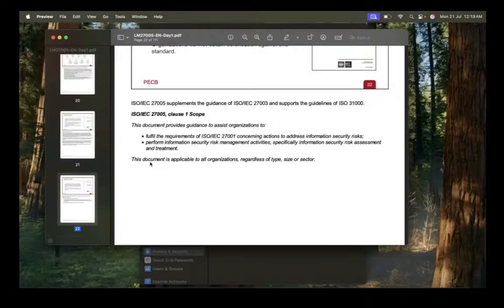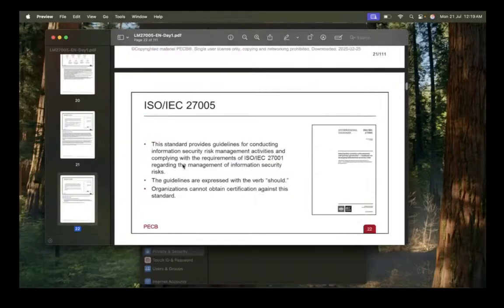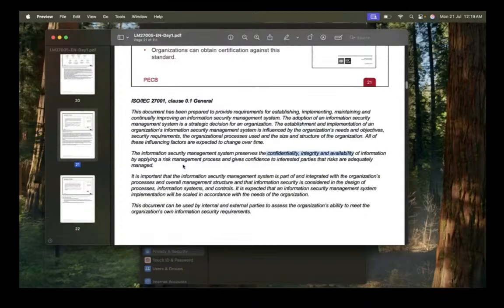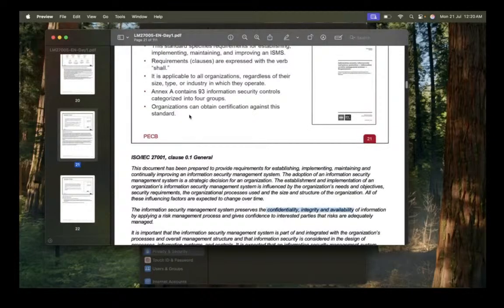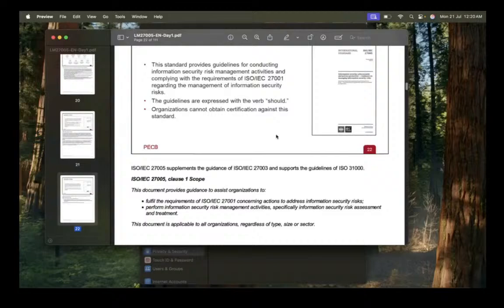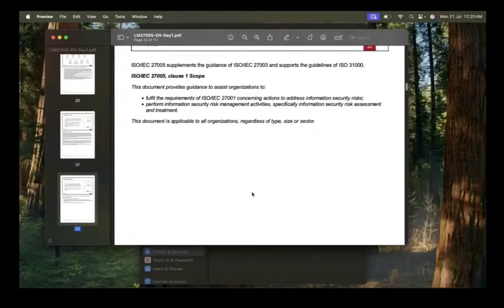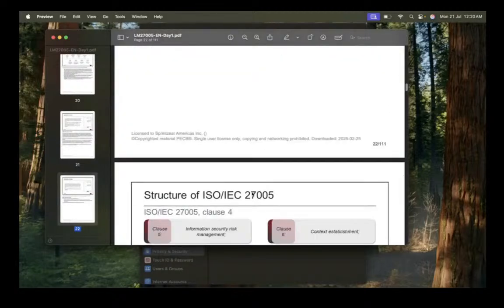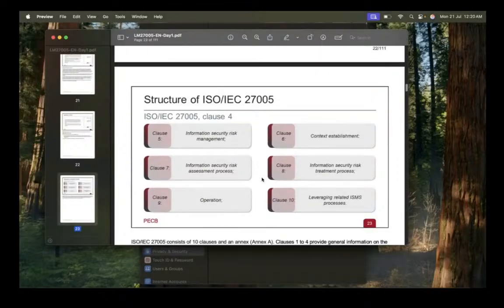Similar to 27001, if you remember, I'll go back and show you. We discussed that it is applicable to all organizations regardless of their size, type, or industry in which they operate. So both are similar, and this is also applicable to all organizations. That was about the scope of 27005.